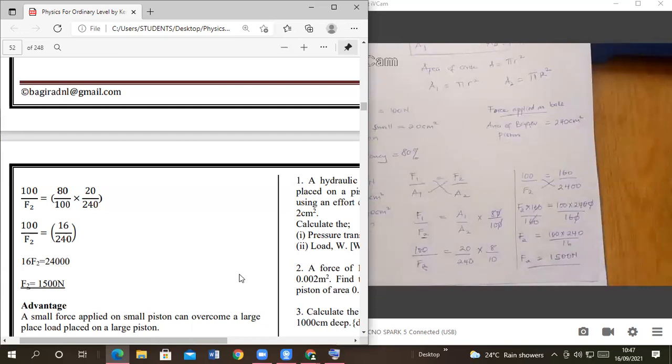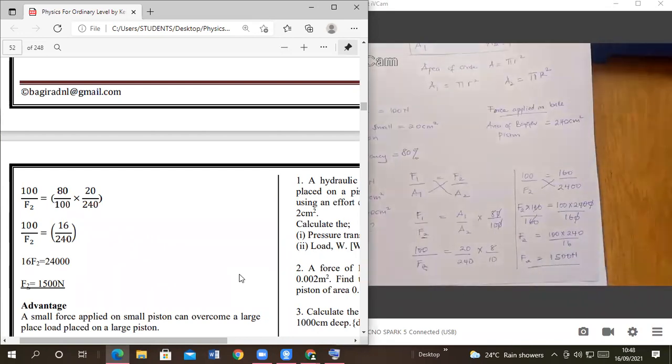There must be some kind of forces that made this hydraulic machine not work at 100%, forces like maybe friction. Such resistant forces are the ones that normally make machines not work at 100%. So if it is working at 80%, we have to multiply it by 80 over 100.